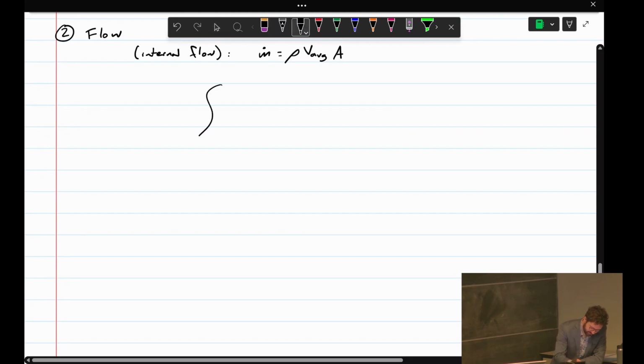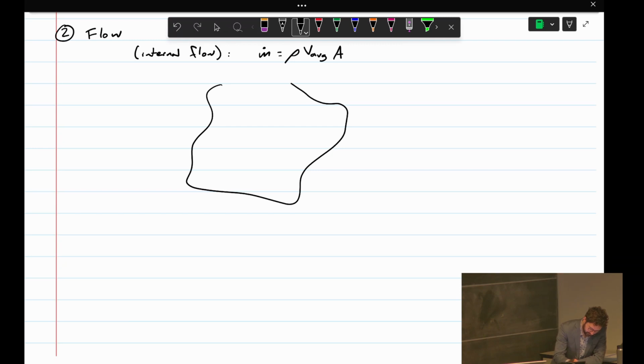So let's have some sort of control volume here, and take a very small element. I'm just going to zoom in on this kind of element here.